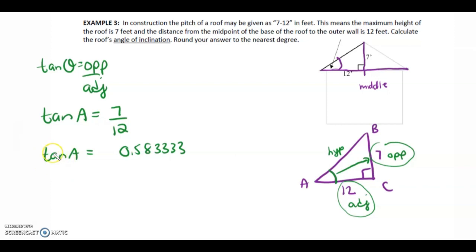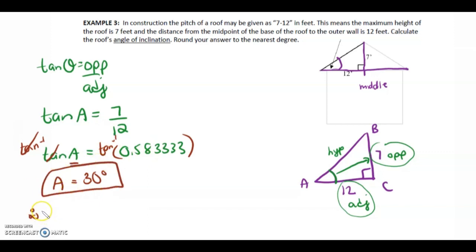So to reverse the tan, because we want to get A by itself, we are going to tan inverse both sides. Remember, what we do to the left-hand side, we do to the right-hand side. And tan inverse cancels out. And when we tan inverse this side, we get 30 degrees.